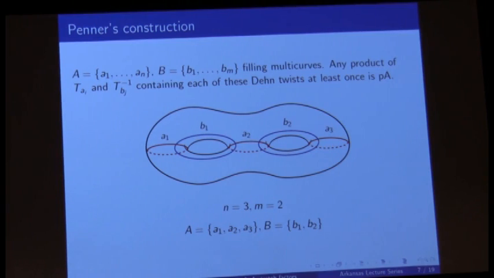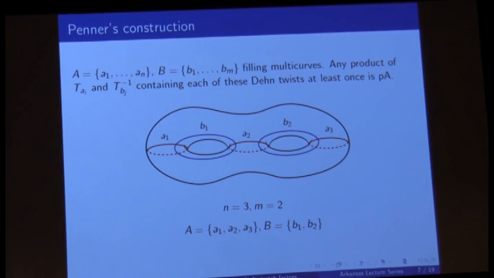And then we apply Dehn twists about these curves. So we cut the surface along a curve, we twist it in the positive or negative direction and glue it back. So the statement is that if I apply positive Dehn twists about the red curves and negative Dehn twists about the blue curves, and I use all these Dehn twists at least once, then I get a pseudo-Anosov mapping class.